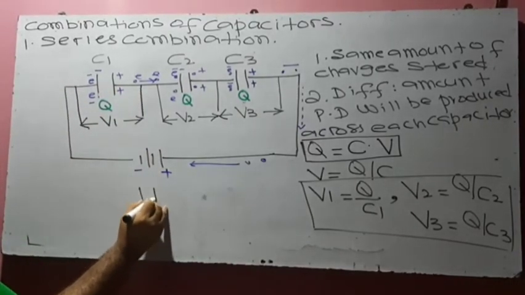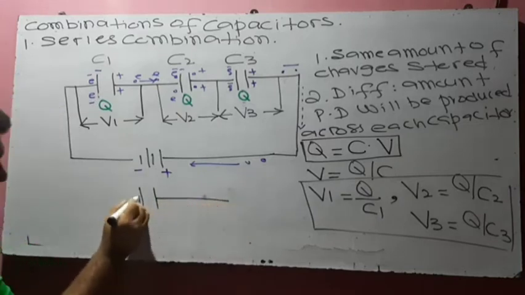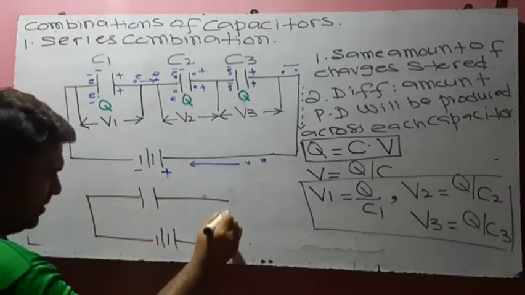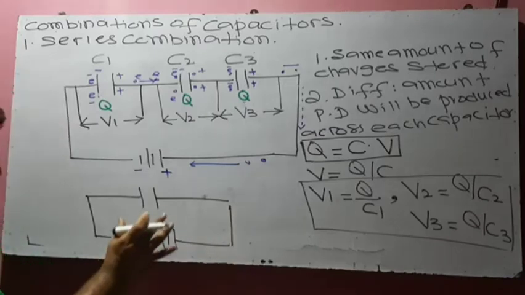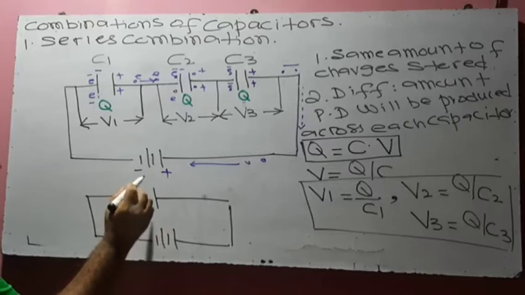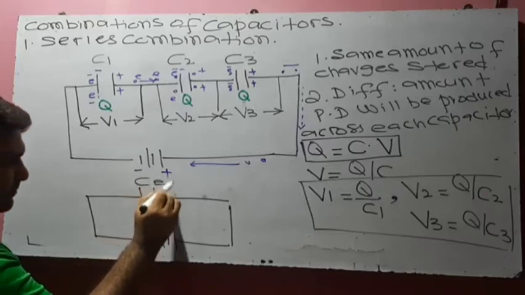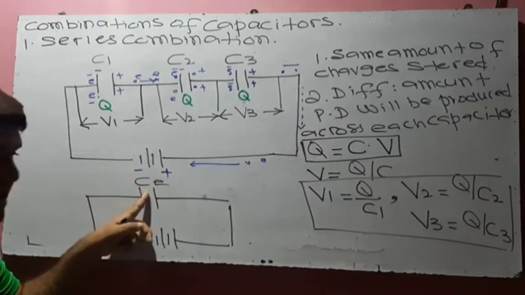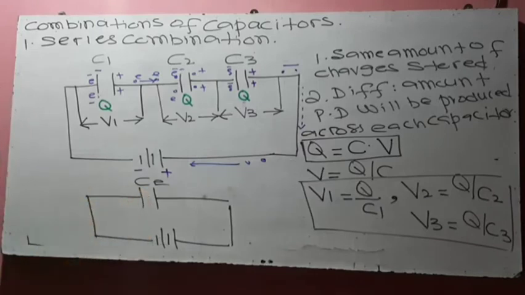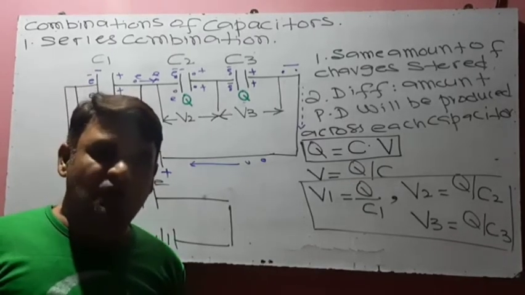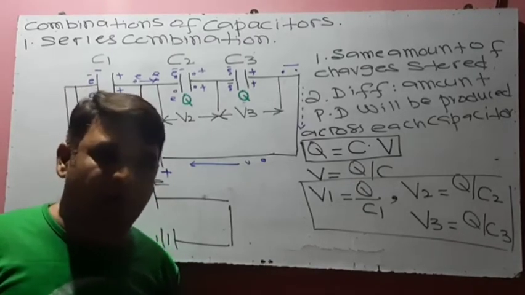This is the single capacitor, and this single capacitor will be known as the equivalent capacitor, and its capacity is known as the equivalent capacity, and our object is to calculate the formula of the CE.